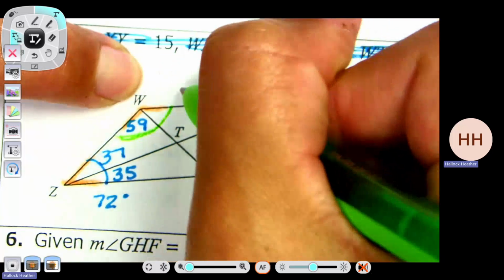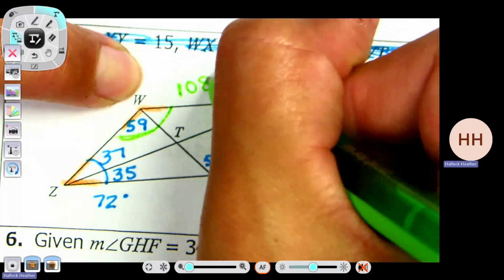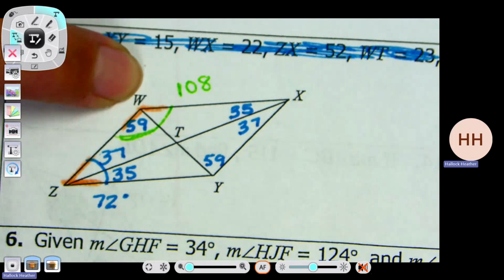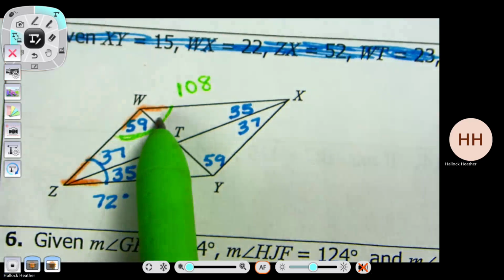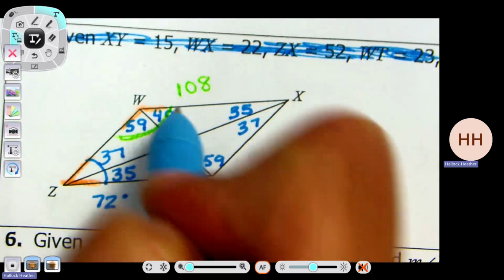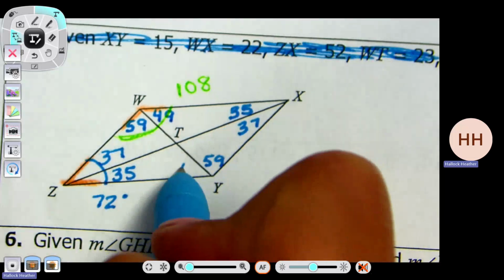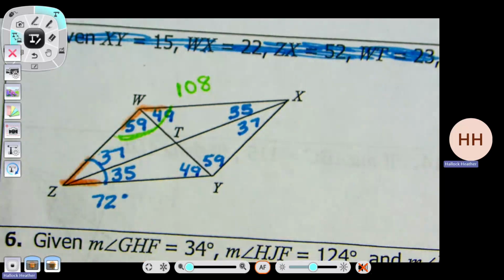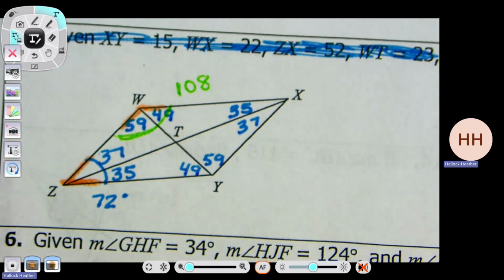I would have given you colored pencils today, but they're not sharp enough to write all these little numbers. So that whole thing is 108. How much is the other side of that? 49. And then 49 can jump across and go under. Try to put your answers in.